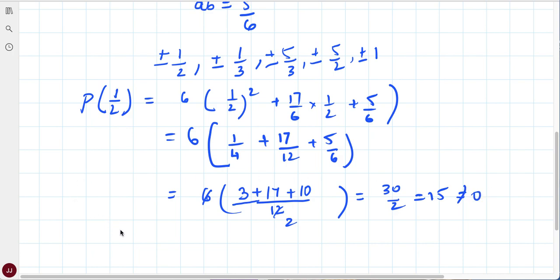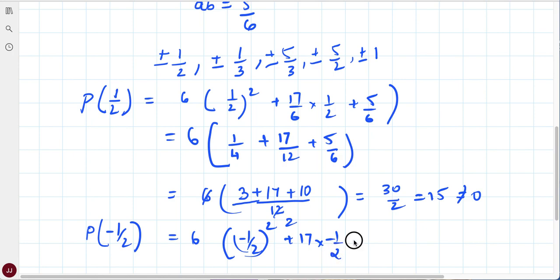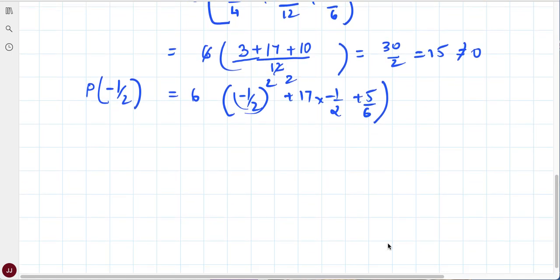Okay. So let's try minus 6 into minus half whole square plus 17 into minus half plus 5 by 6. 6 into minus half, that is 1 by 2 whole square, the same thing, 1 by 4.